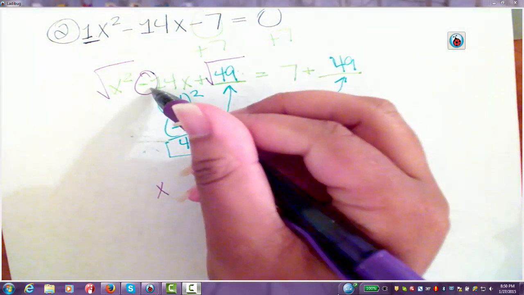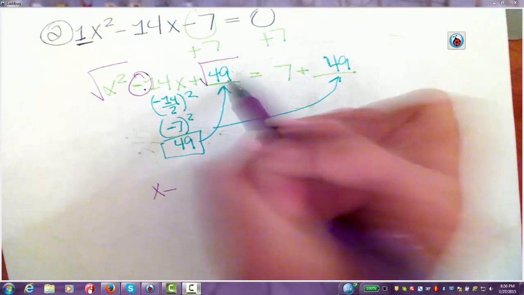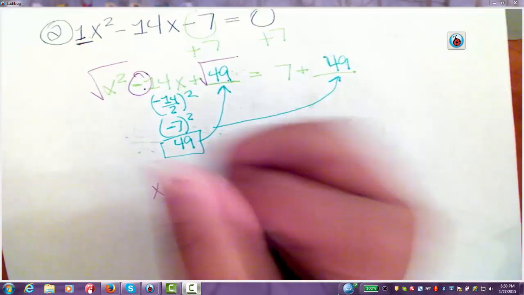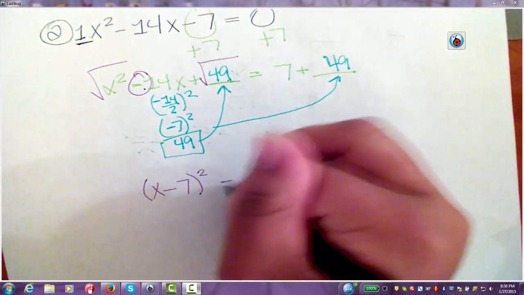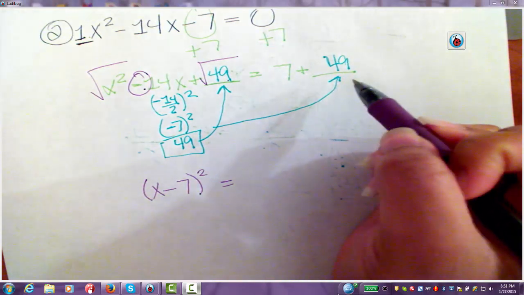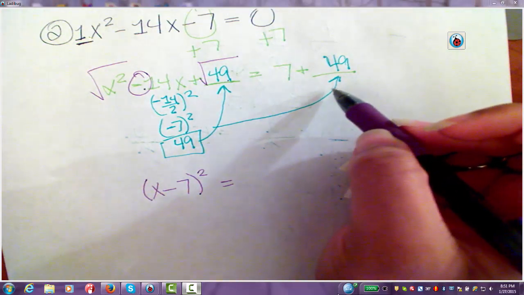Keep the sign, so x minus, and then the square root of 49 is 7, so x minus 7. So we get the quantity x minus 7 squared equals 7 plus 49. And 7 plus 49 is 56.